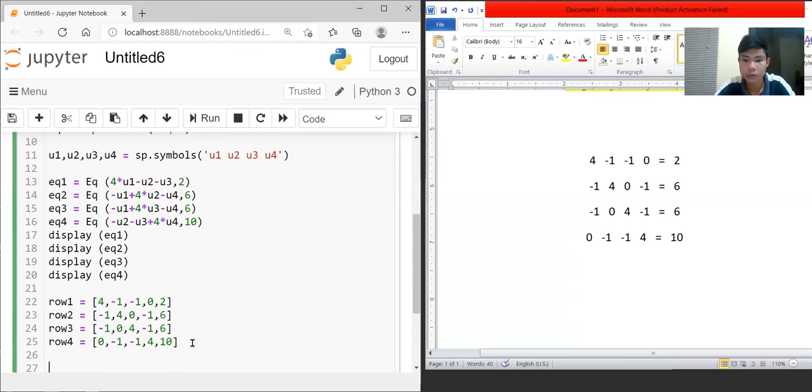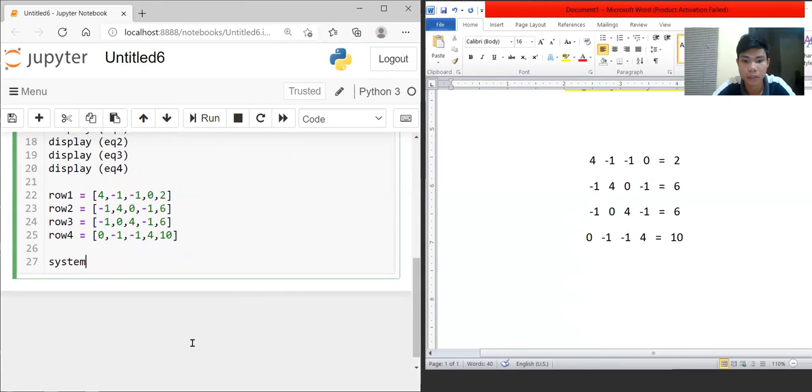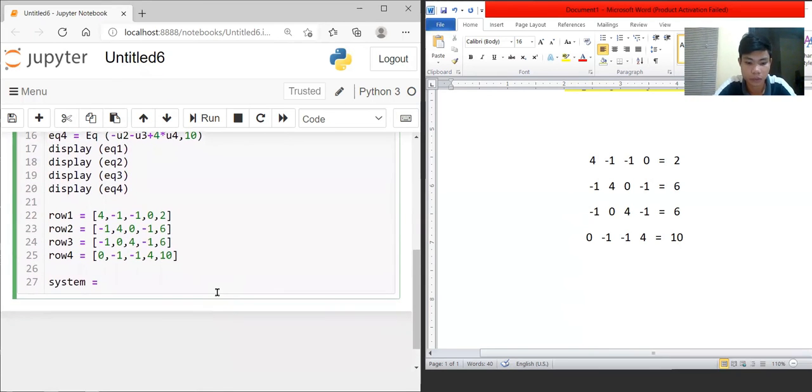So next is to solve for the matrix. Isosolve na natin ngayon yung ating matrix. System matrix.